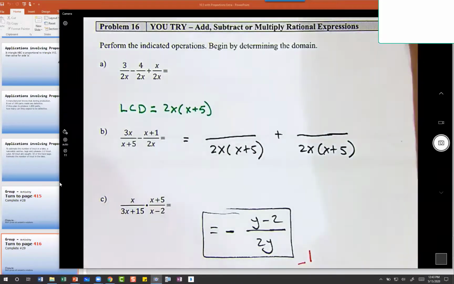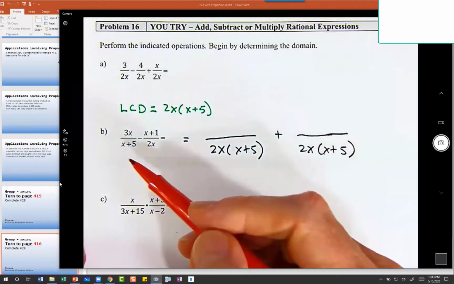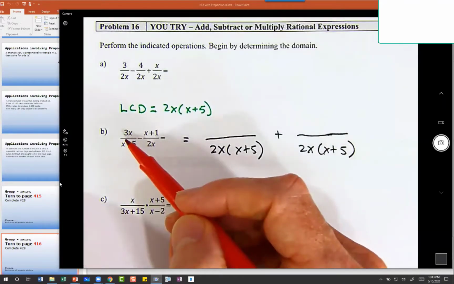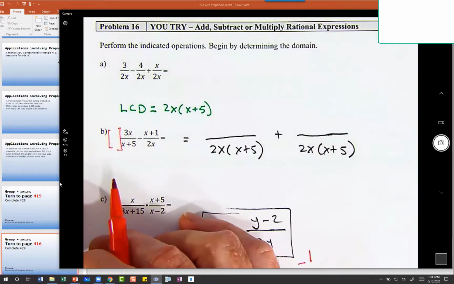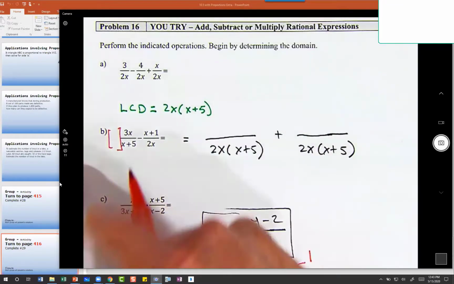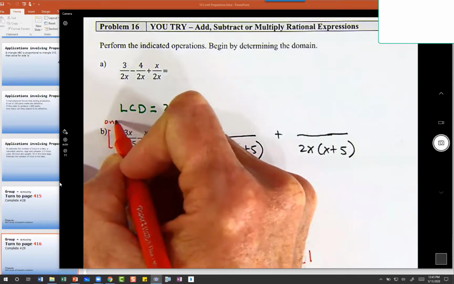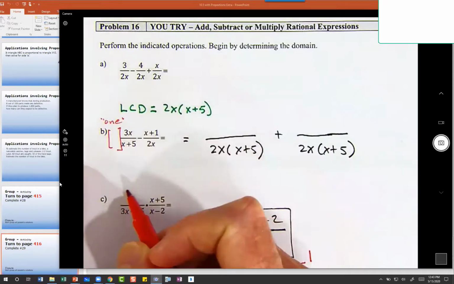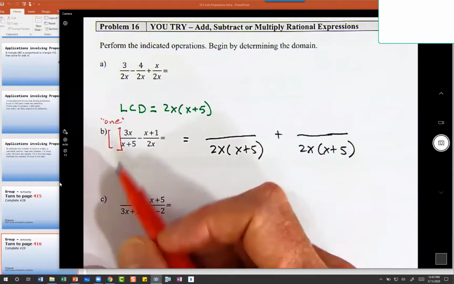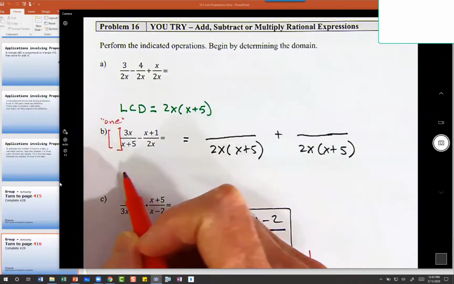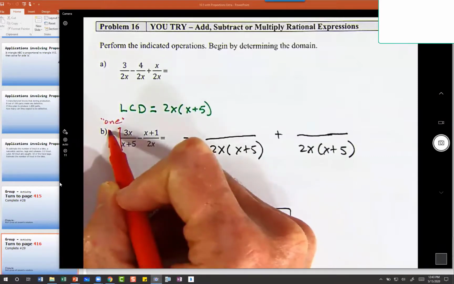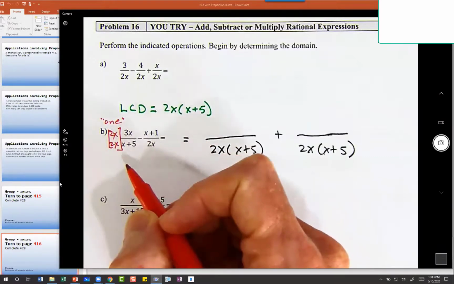So what am I going to do to this first fraction to change it into its new denominator? Multiply by 1. Exactly. I have to multiply by the right kind of one, though. It can't be just any number one. It has to be a fancy one. 2x. Yeah. I have to have 2x over 2x.